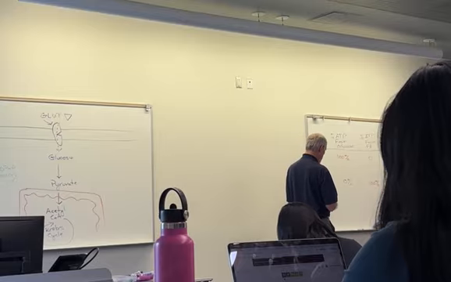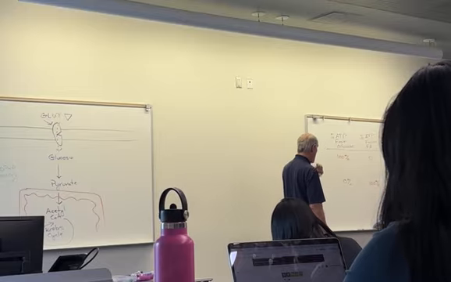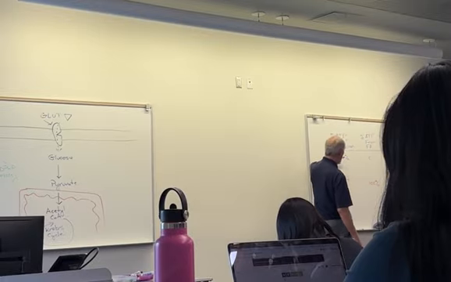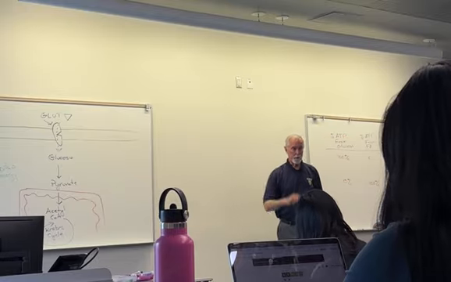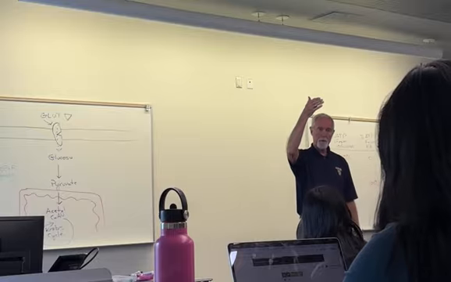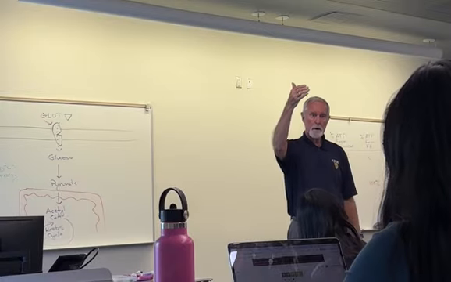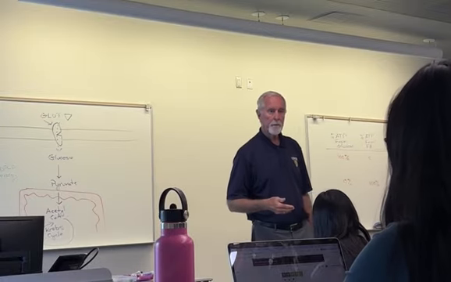So simply stated, as we go from using only glucose and transitioning to using fatty acids, we go from an RQ of 1 down towards 0.7.